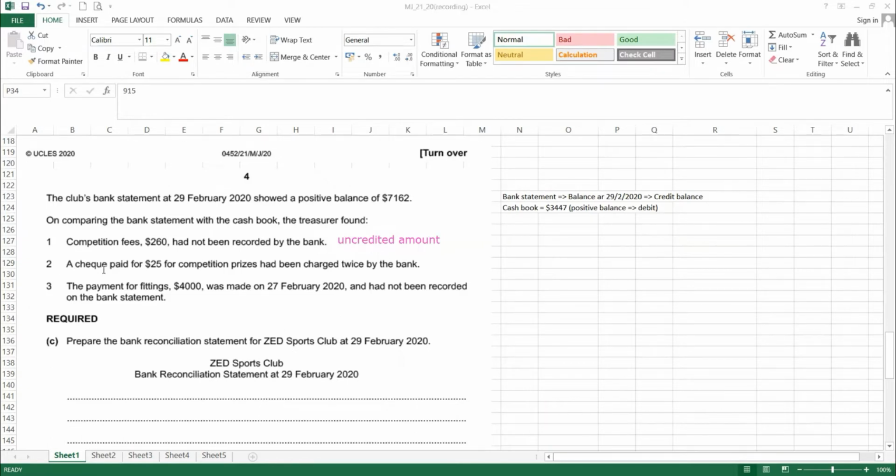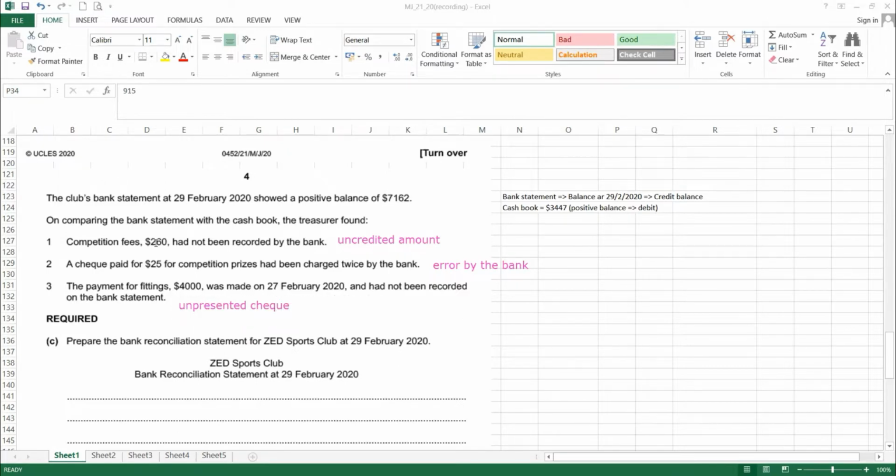Next, a cheque paid for 25 for competition prize has been charged twice by the bank. This is an error by the bank. Okay, next. The payment for fitting 4,000 was made on 27 February and has not been recorded on the bank statement. This one we call an unpresented cheque.